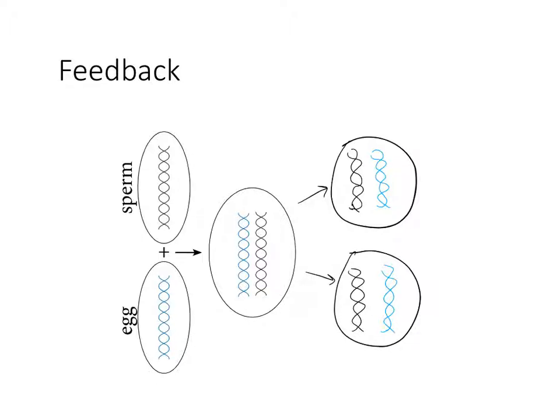This one. What's the most important thing about DNA replication? What's the point of cells copying DNA before cell division? What's the purpose of replicating DNA? I'm going to hear from someone in the back. Why does a cell need to copy DNA?